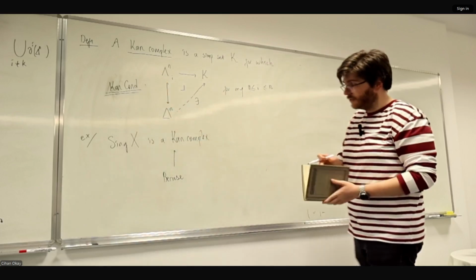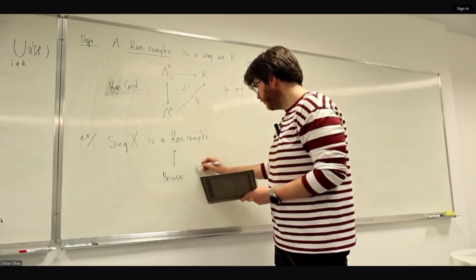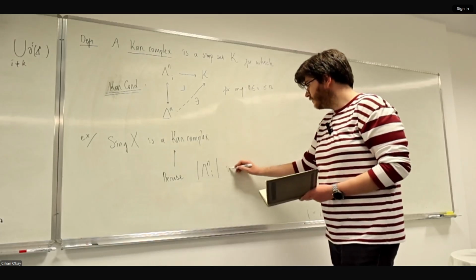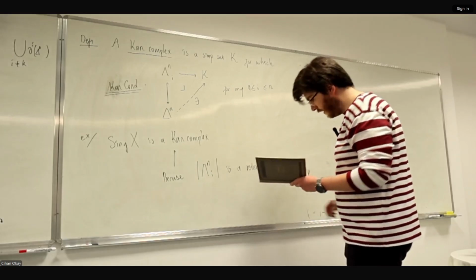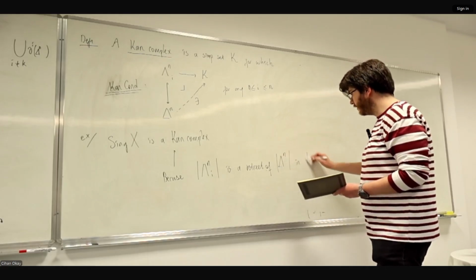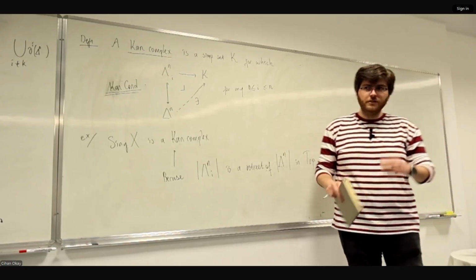The ith horn is a retract of the simplex in the category of topological spaces. So you have a retraction.